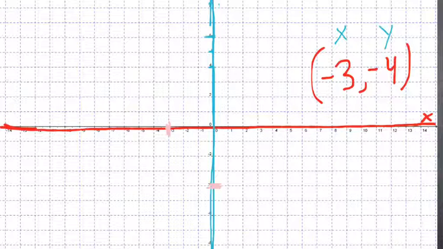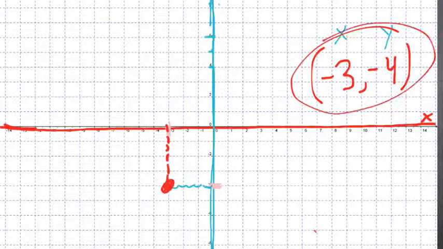But those are my two coordinates. Now what you have to do is find where they connect. If we go straight down, and then with the y-axis, we go straight across, where do we hit? We hit right there, the location of the point -3, -4.